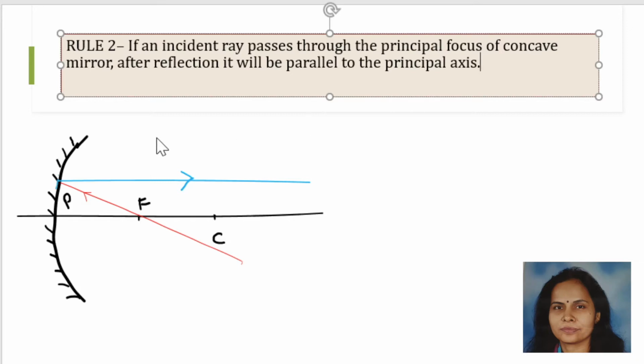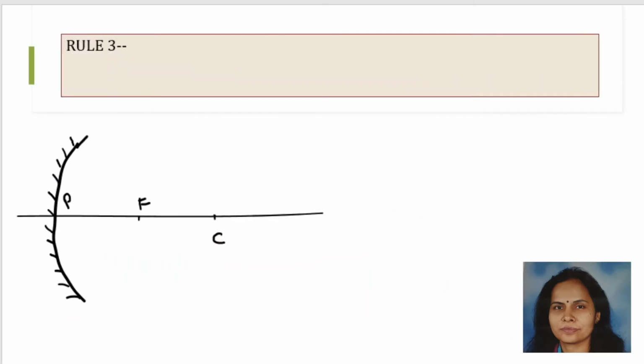Now let's move on to the third rule. If an incident ray passes through center of curvature, after reflection it will retrace its path. So this is the third rule.